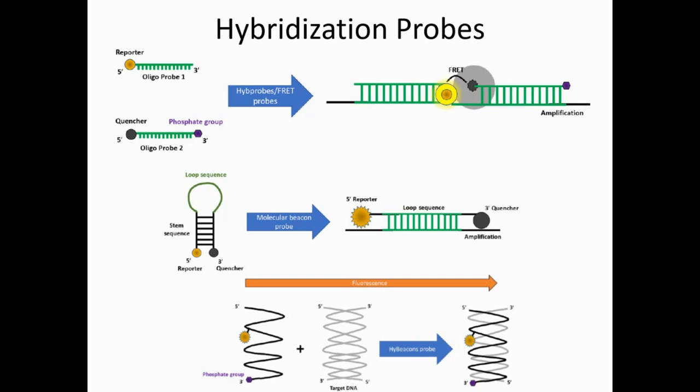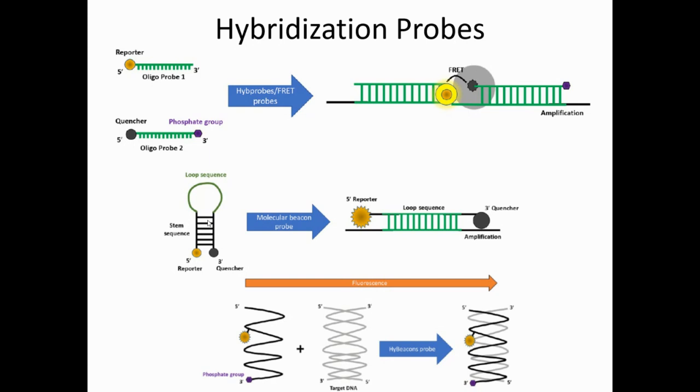Molecular beacon probes are single-stranded hairpin-shaped oligonucleotide probes. The probe is usually divided into two parts. You have a loop, which is a fragment of 18 to 30 base pairs complementary to the target DNA sequence, and you also have a stem, formed by two complementary sequences of 5 to 7 base pairs.